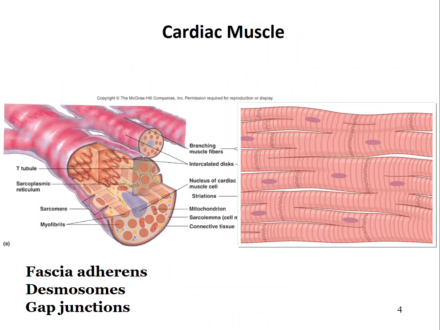If you remember, we compared the cardiac muscle cell with the smooth muscle cell and skeletal muscle cells, and you may remember that cardiac muscle cells are somehow like smooth muscle cells, and somehow like skeletal muscle cells. Between the cardiac muscle cells there are gap junctions, and this muscle works as a syncytium.